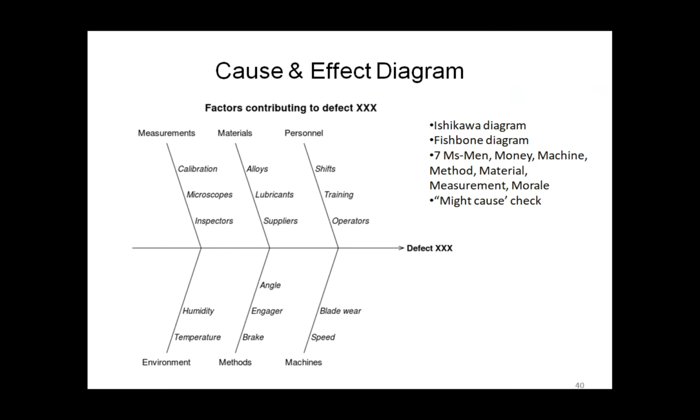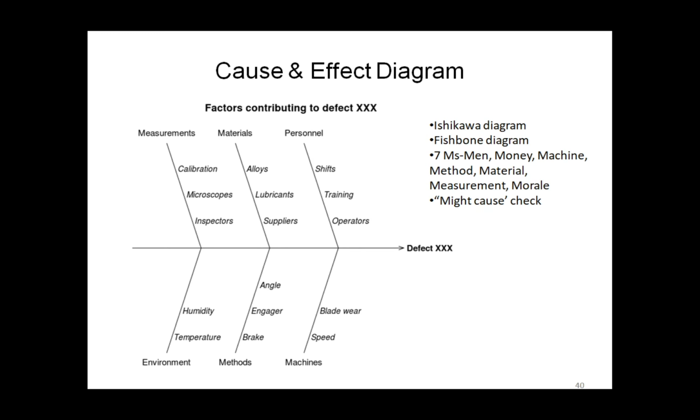So when you list down the various issues here, you need to make sure that you link the cause with the effect with a might cause check, which means that, let's say we say poorly trained operators might cause defects. So it makes sense, right? Or lack of training might cause defects, or multiple shifts might cause defects.